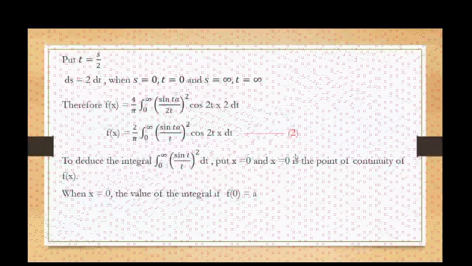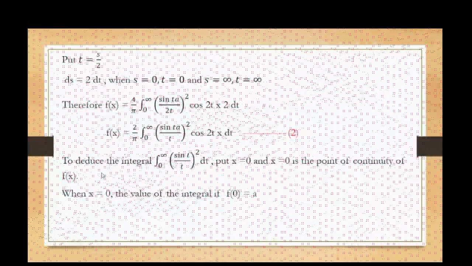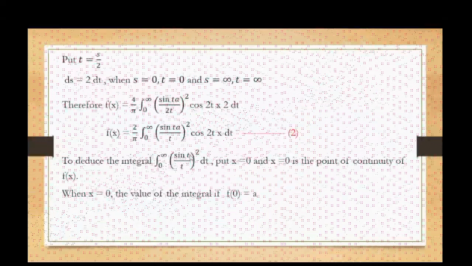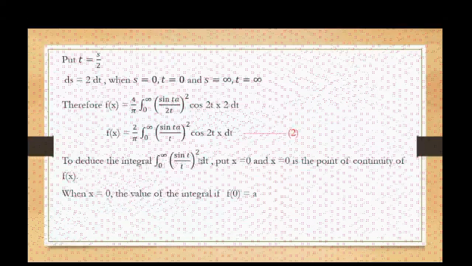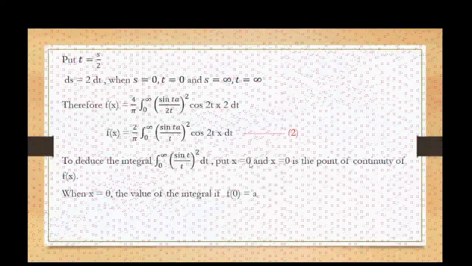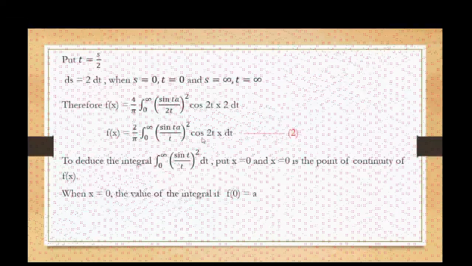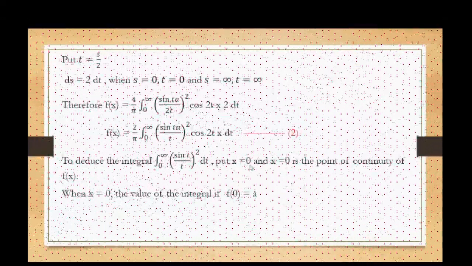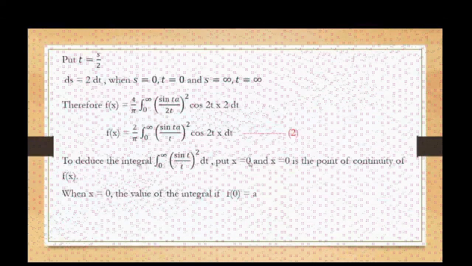And the deduction part is what? Integral 0 to infinity (sin t divided by t) whole square. For that we have to put x equal to 0. Why? Because cos 0 is 1, so that we will get this function. That's why put x equal to 0, and x equal to 0 is the point of continuity of f of x.